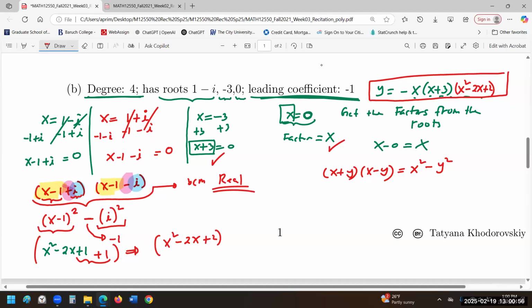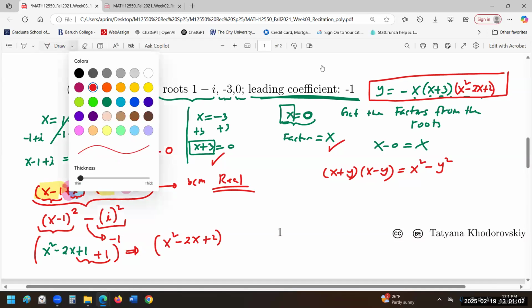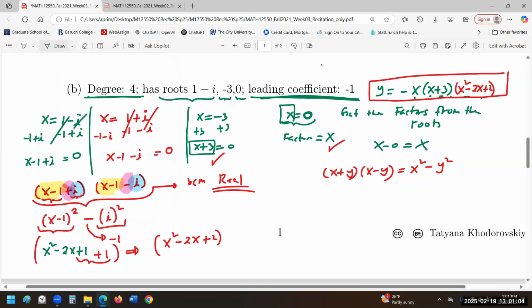Now they want us to graph it. Well, when you graph it, let me change the color to blue. So we have two real zeros. One is at 0 and another one is at negative 3. 1, 2, 3. And then we have two imaginary zeros.